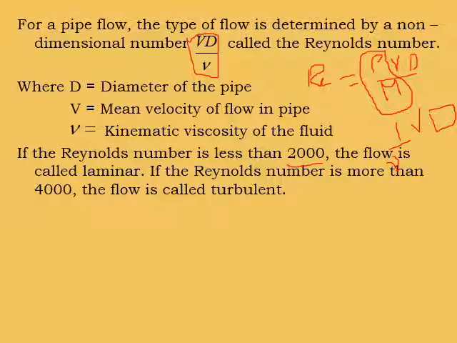If the Reynolds number is more than 4000, the flow is called turbulent. So this is the method of analyzing whether it is turbulent flow or laminar flow in a pipe flow. What that means is, fluid is flowing through a pipe.